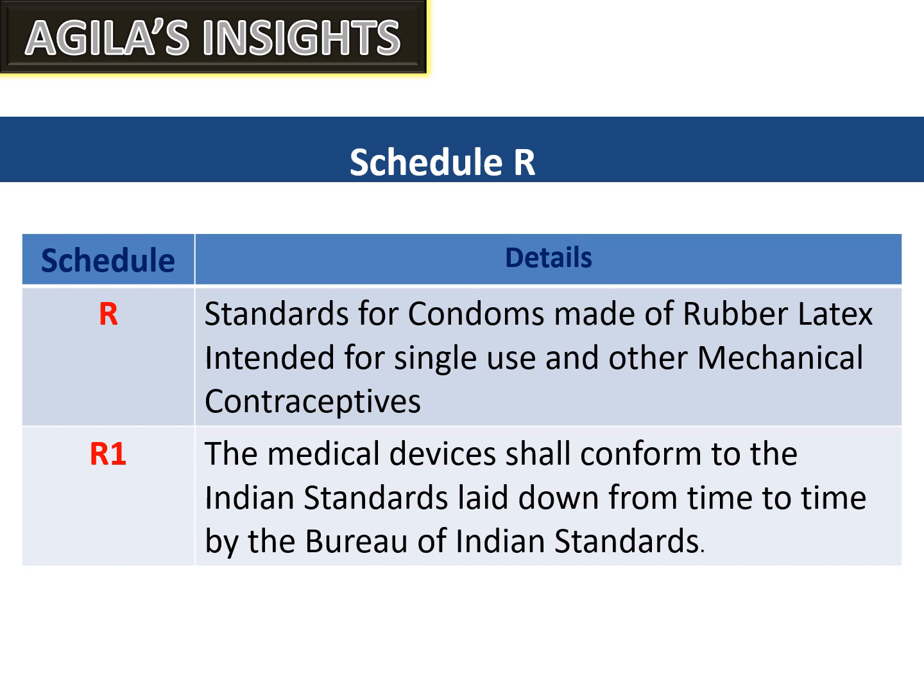Now schedule R1 is about the medical devices which conform to Indian standards laid down from time to time by Bureau of Indian Standards. If there are no Bureau of Indian Standards, then it shall conform to international standards like International Organization for Standardization or other international pharmacopoeia standards and such other standards as may be specified for this purpose.